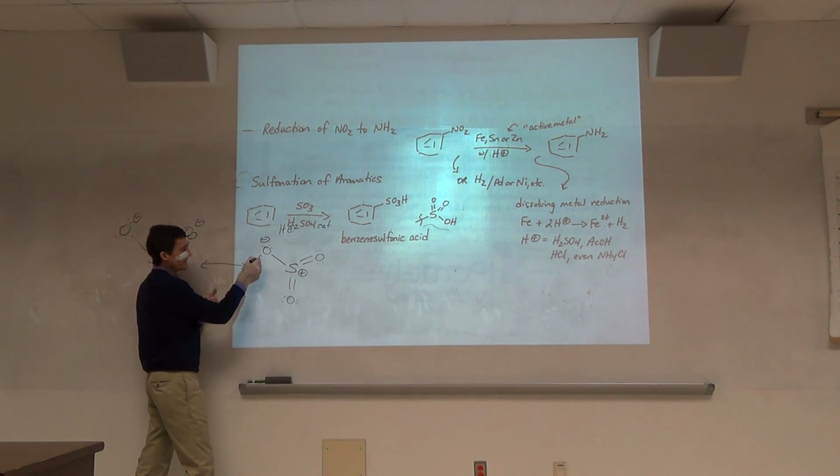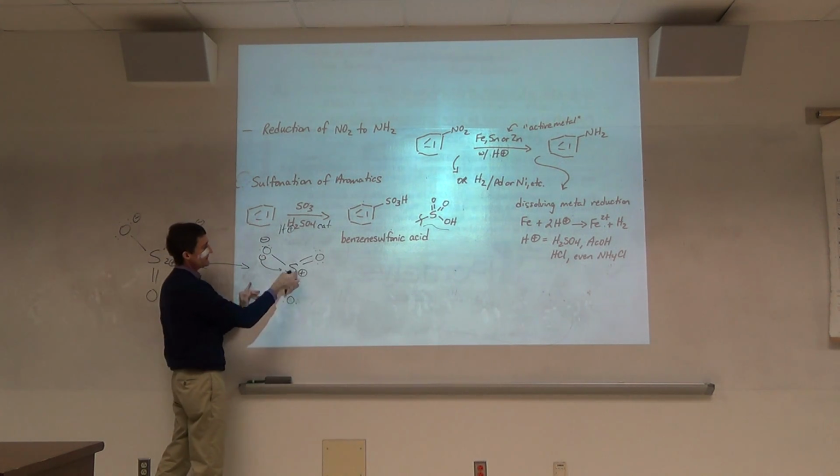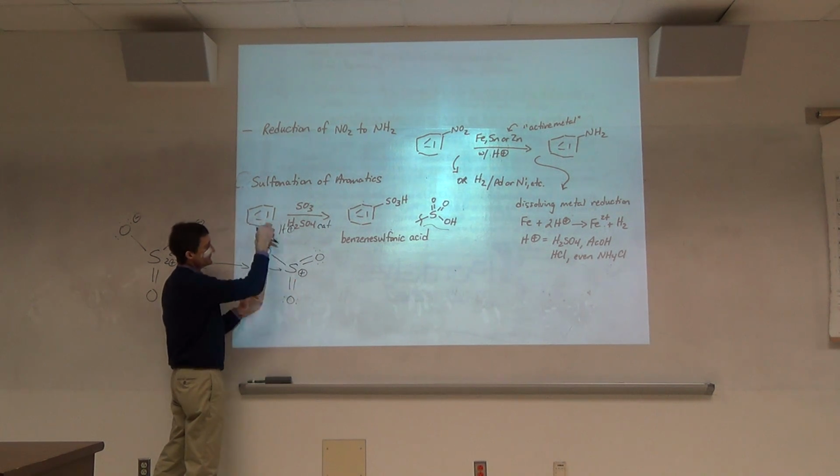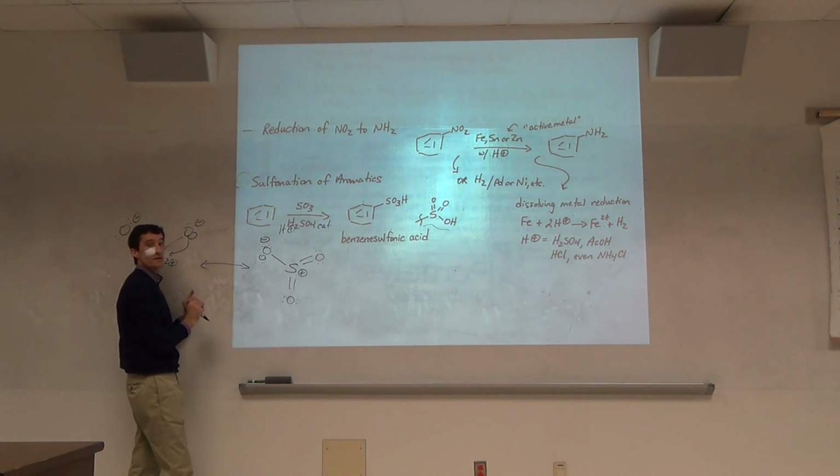You see, there's a lot of donation here. This minus is pumping electrons into the sulfur. Apparently, it decreases the electrophilicity of this sulfur enough that the benzene won't attack it. How can we keep this from pumping in as much? Make it neutral.